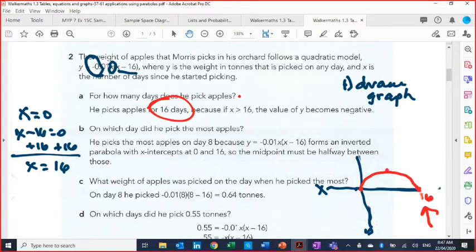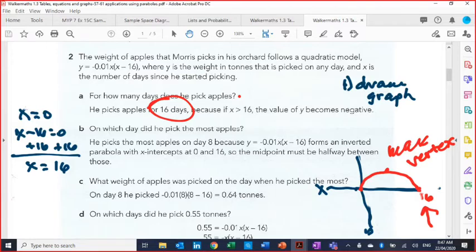Well, the most apples would be right there in the center, which is called the maximum, also known as the vertex, right? And we can find the vertex from this type of equation. This is the one with the intercepts graphed. We can find that by finding the x value and solving for y.